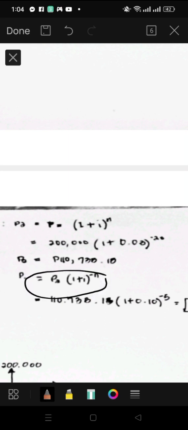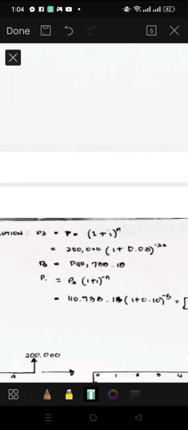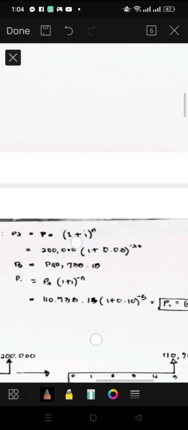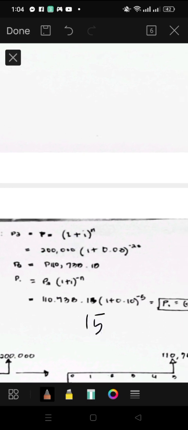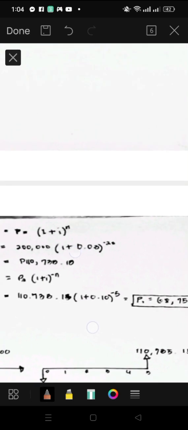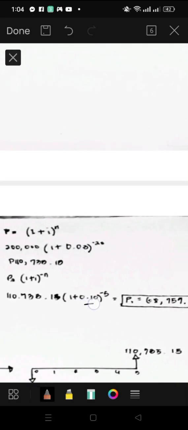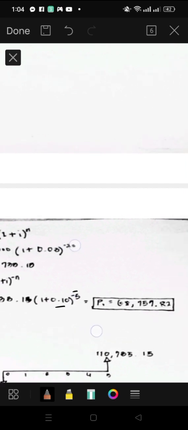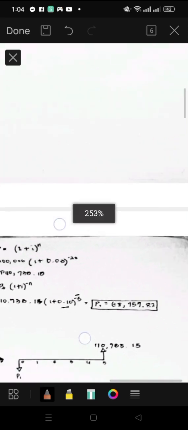So 110,735.151 multiplied by the quantity of 1 plus 0.10 to the power of negative 5.